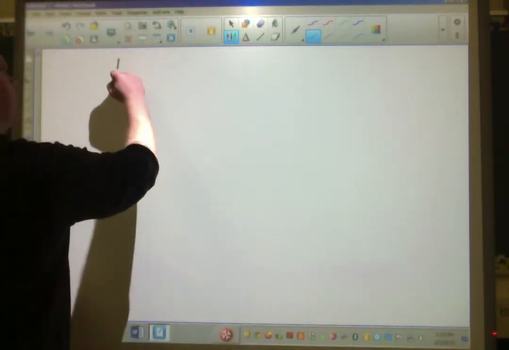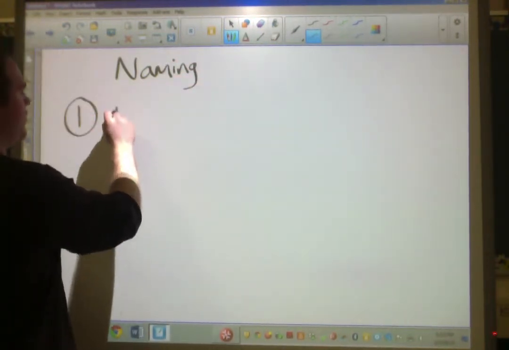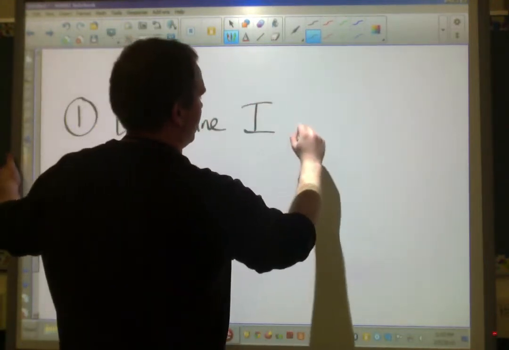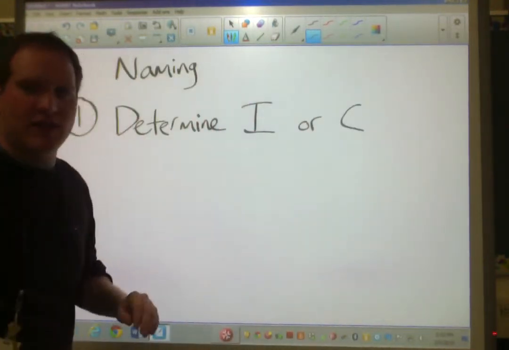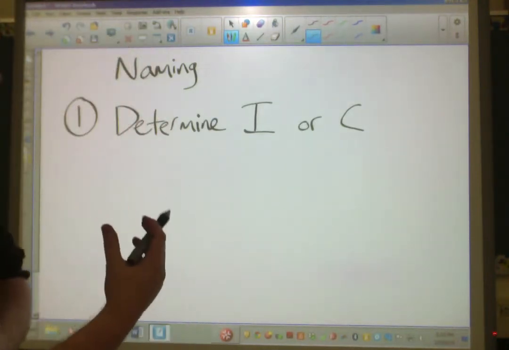So we'll start with naming. Step 1, determine ionic or covalent. That's always going to be your first step because you name them differently. So how do we actually do this?